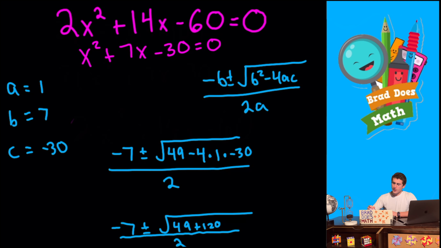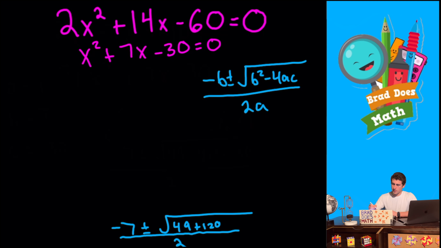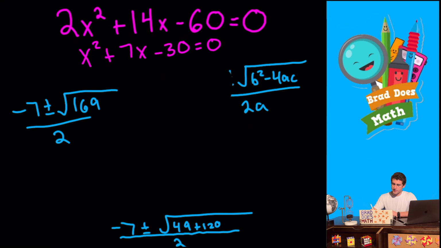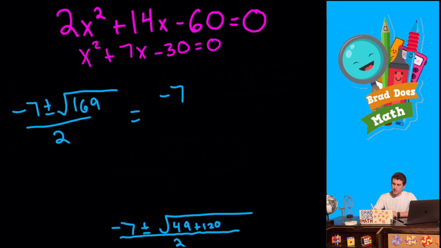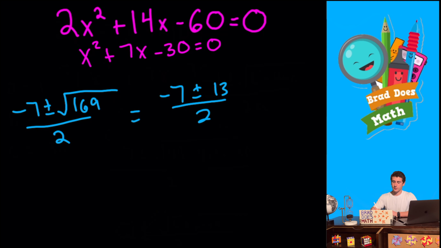Okay. And now it's just some simplifying. Leave myself some space up here to simplify. Negative 7 plus or minus the square root of 169 over 2. That's a perfect square: 13. Negative 7 plus or minus 13 over 2. And then you break it up into your two answers. So negative 7 plus 13 over 2 and negative 7 minus 13 over 2.